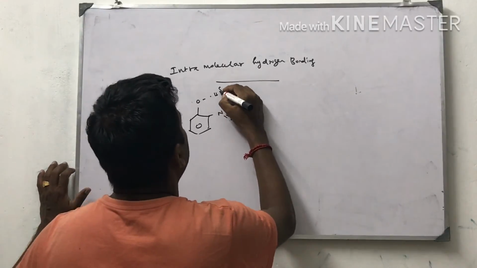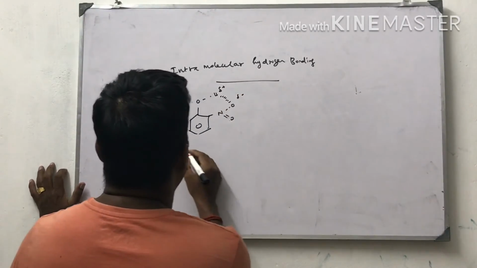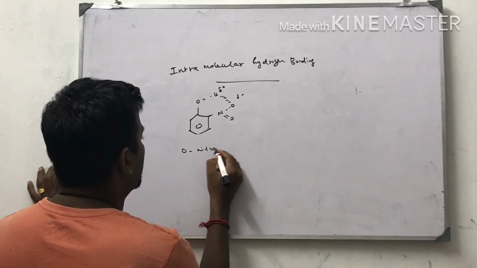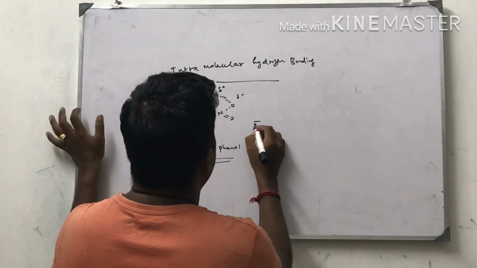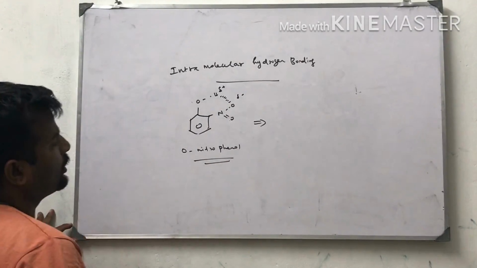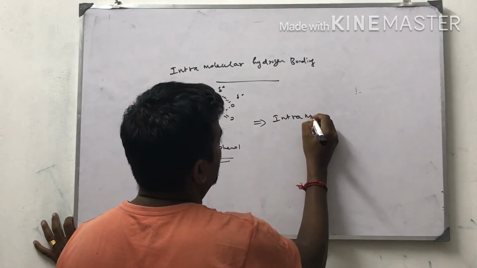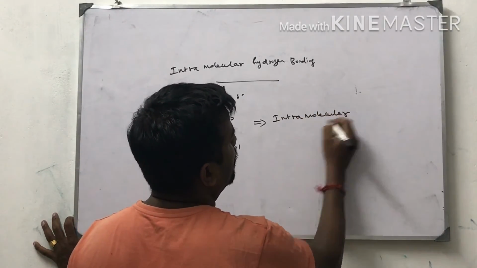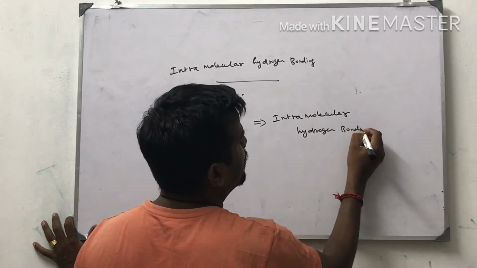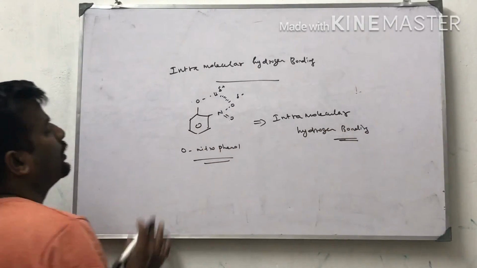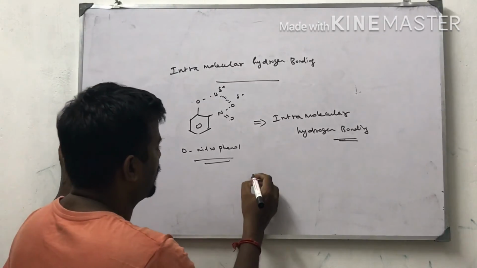The bond taking place between hydrogen and oxygen by themselves in ortho-nitrophenol, that hydrogen bonding between hydrogen and oxygen is called intramolecular hydrogen bonding. The bond between the hydrogen and oxygen in the same molecule is called intramolecular hydrogen bonding.